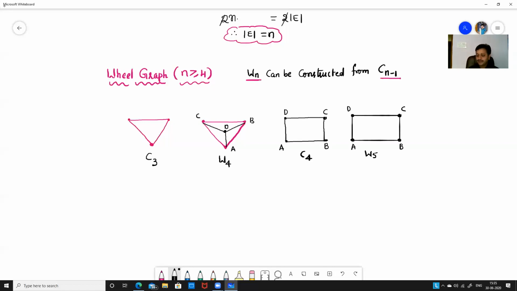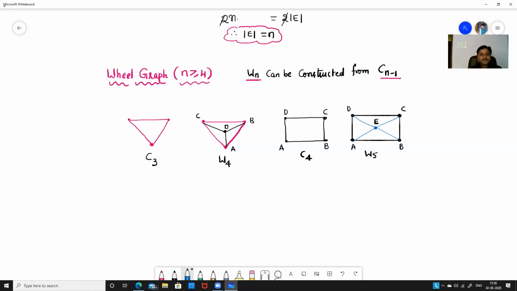Now we take one vertex which is adjacent to all the remaining vertices. Adjacent means there should exist a common edge between the two vertices. If I call this newly added vertex E, then E must be adjacent to D, adjacent to A, adjacent to C, adjacent to B, like this. This is called a wheel graph of order 5. Is it clear? In general, Wn can be constructed by using Cn minus 1.